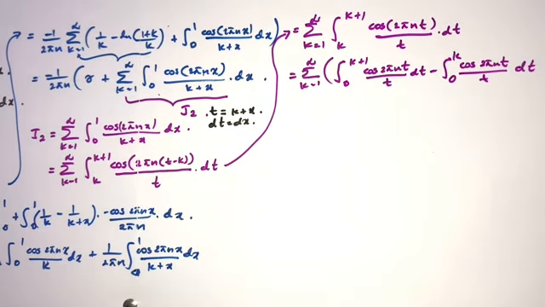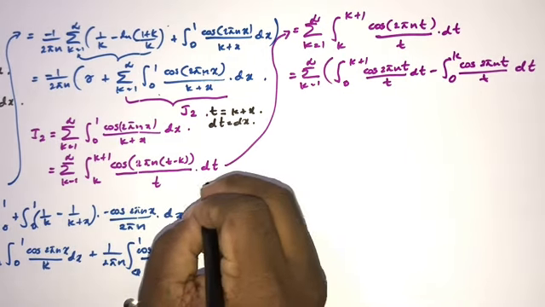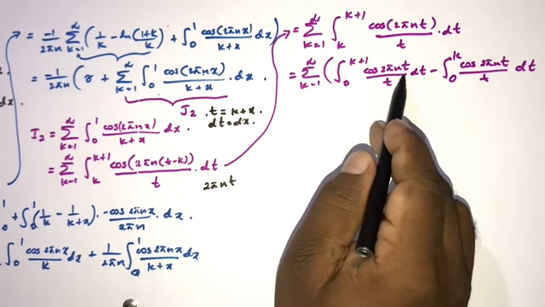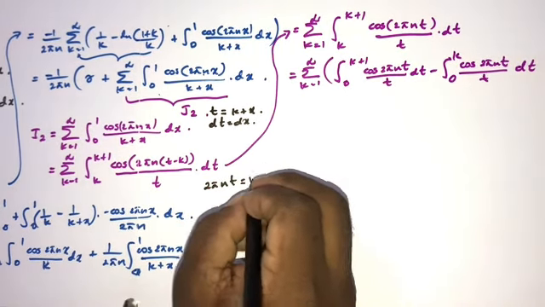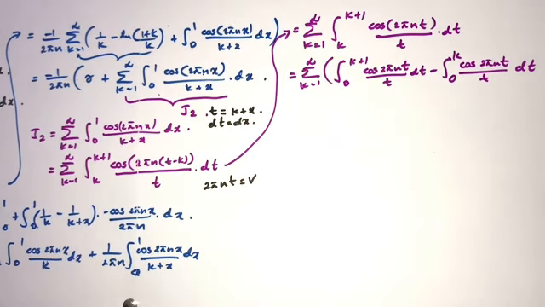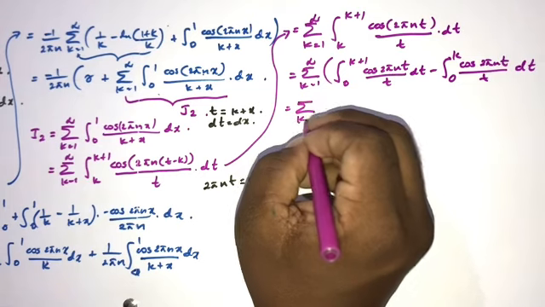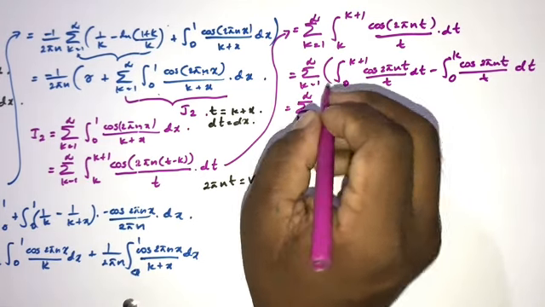Well, then we can take another substitution. So I'm going to take the angle 2 pi nt equal to v. So we can write the infinite sum, k equals 1 to infinity.